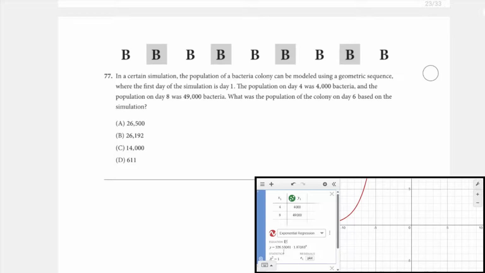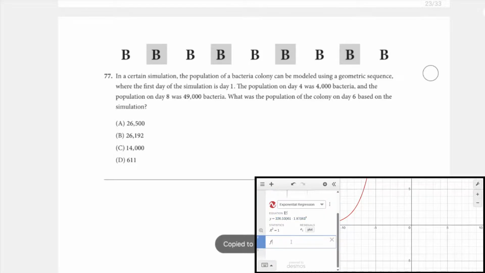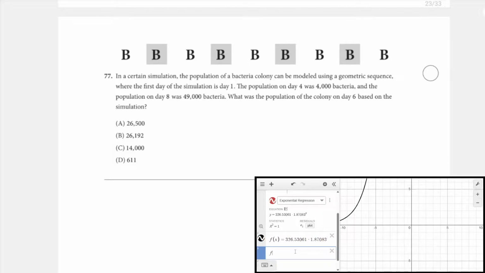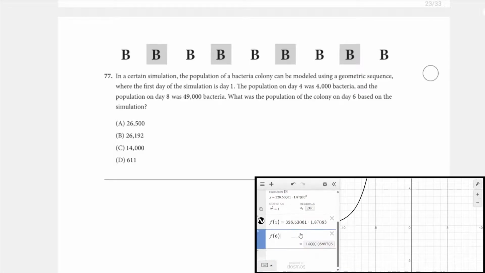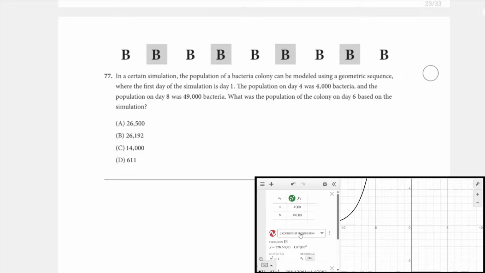I think I can copy this and paste it in as f of x. Yeah, that's great. And now I'm going to say f of 6, and I'm going to get 14,000. That's really, really nice, and that would take so much longer with a handheld graphing calculator to run that regression.